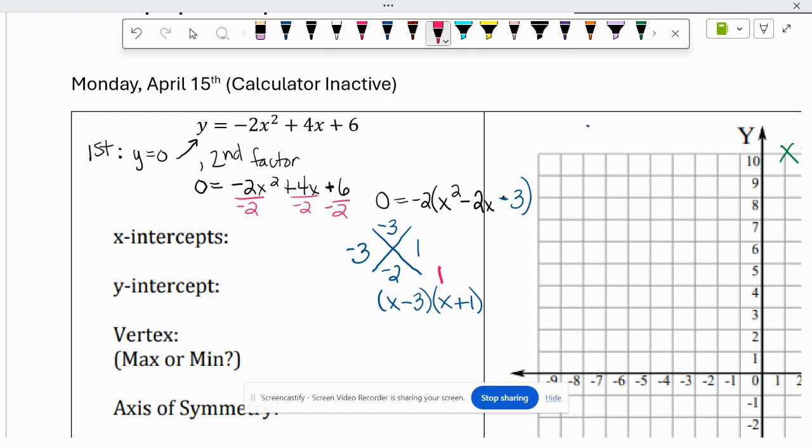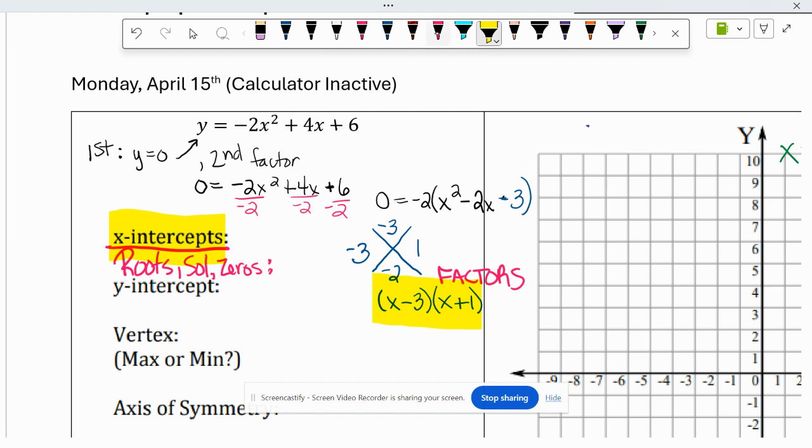Remember that these are my factors. What can you tell me about my factors compared to my x-intercepts, which are also called roots or solutions or zeros? How do the factors right here compare to the roots?